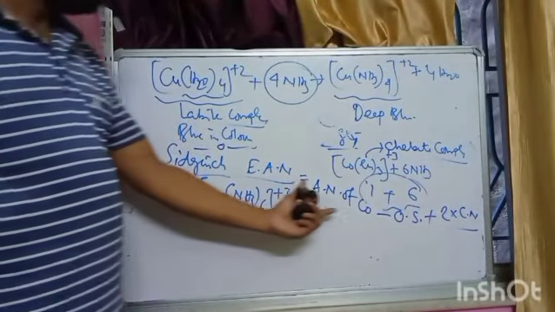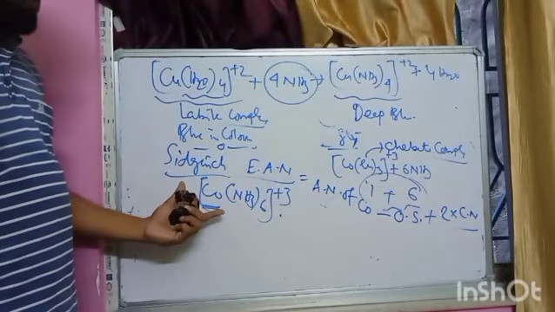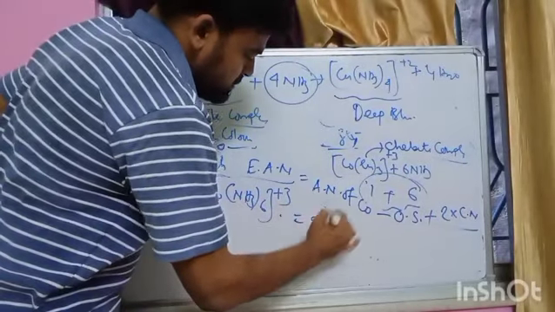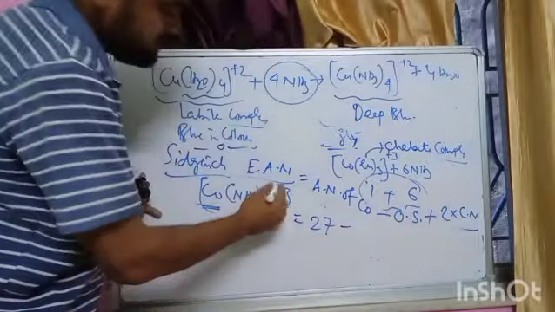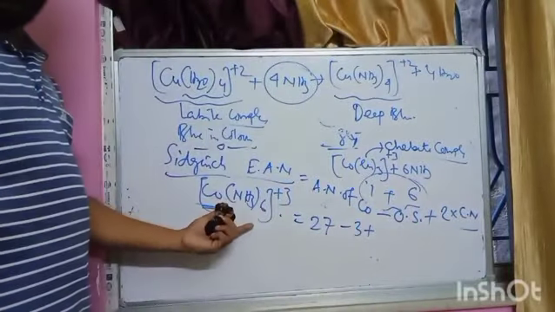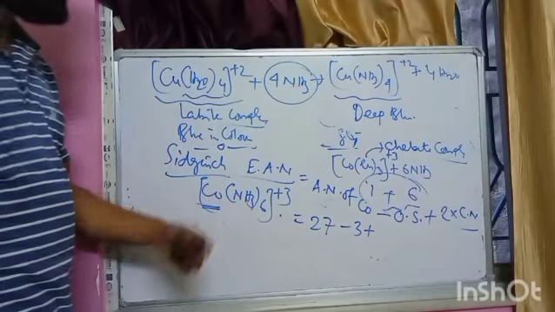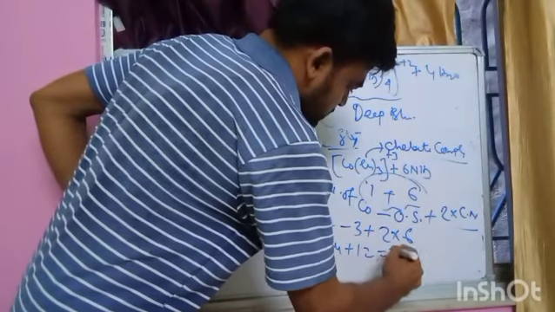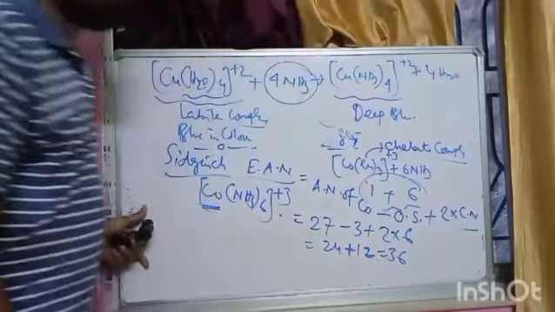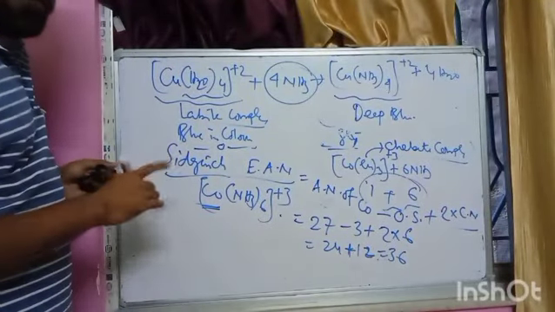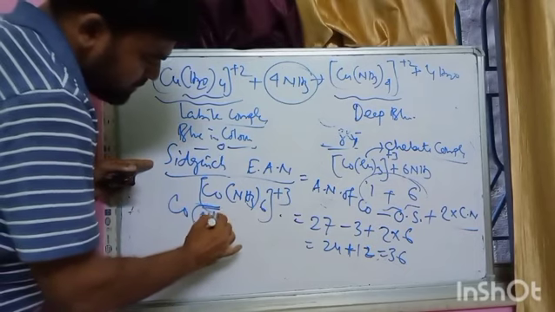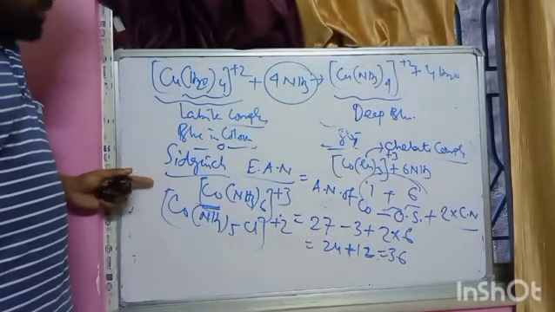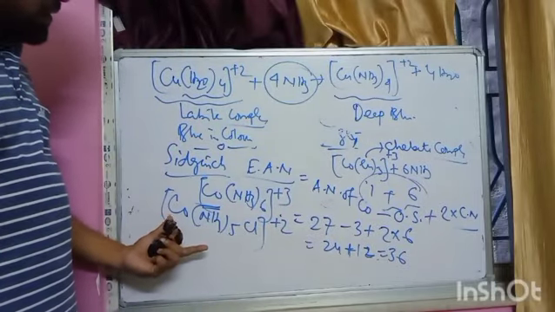Here is the calculation of the effective atomic number of Co(NH3)6 3 plus. Co is 27, minus the oxidation state of 3, plus 2 into the coordination number 6, so 24 plus 12 equals 36. We can also calculate the effective atomic number of Co(NH3)5Cl 2 plus.